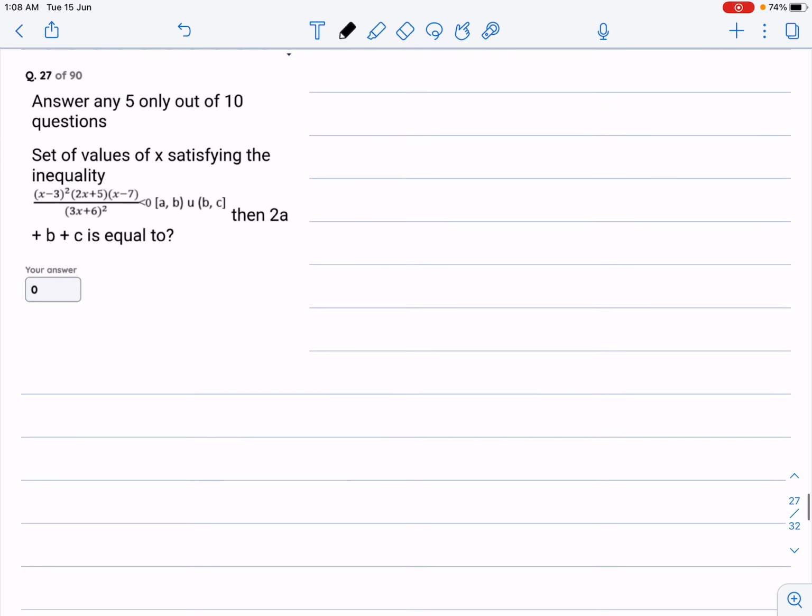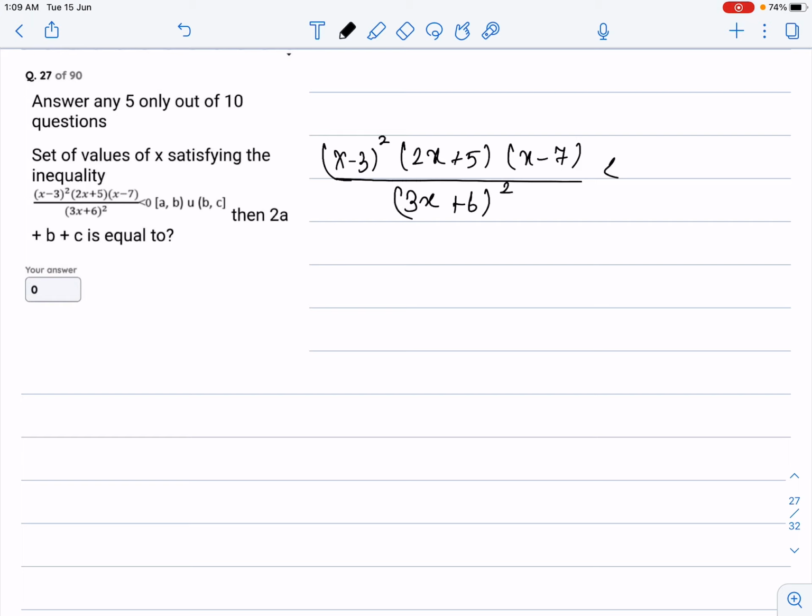Answer any of, okay, the value satisfying this inequation. So this is x minus 3 the whole square multiplied by 2x plus 5 multiplied by x minus 7 divided by 3x plus 6 the whole square is given to us. So guys, I told you one important thing already. First of all, you would have to plot the critical points.